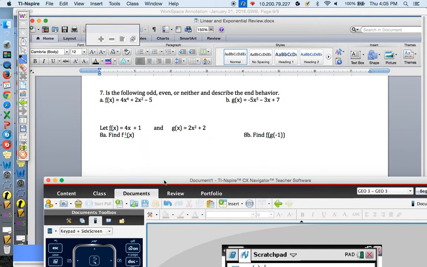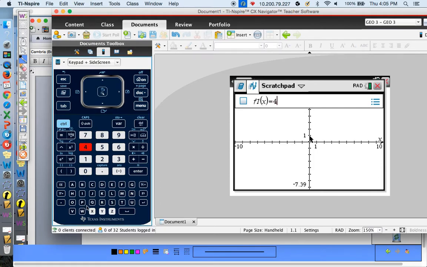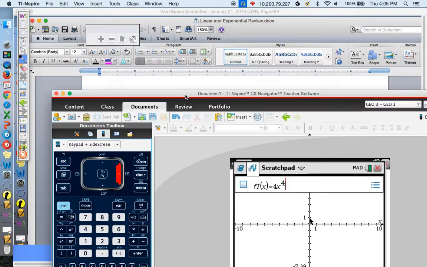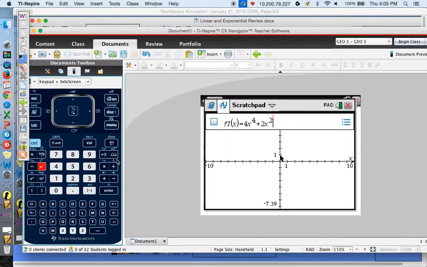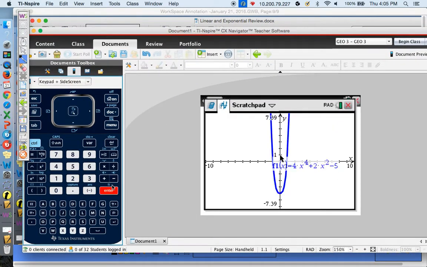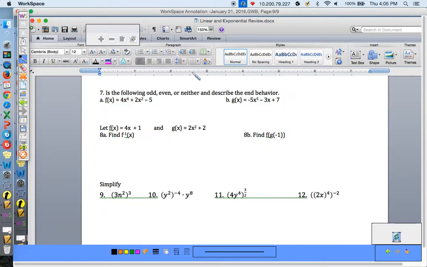So if we were to graph this, 4x to the 4th, then what did we have? Plus 2x squared minus 5. Okay, so it looks like that.